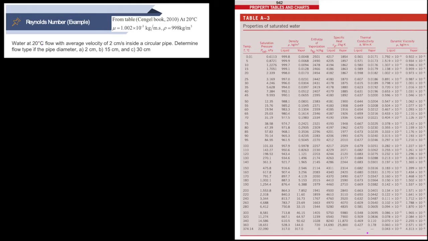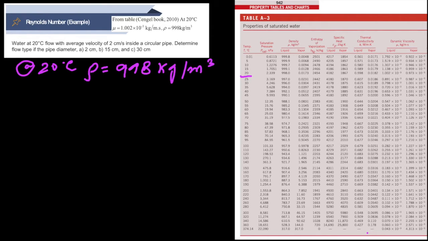So first things first, we need to see what is given. The temperature is 20 degrees centigrade. We need to see the density of water from table number A3. The density of water at 20 degrees centigrade is 998 kilogram per meter cube.